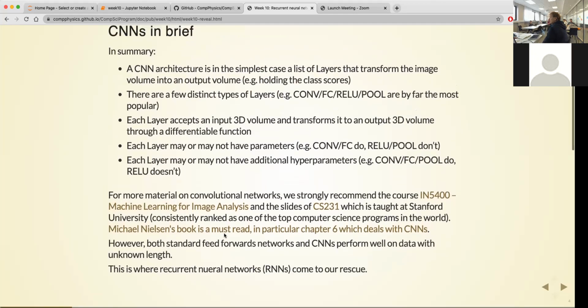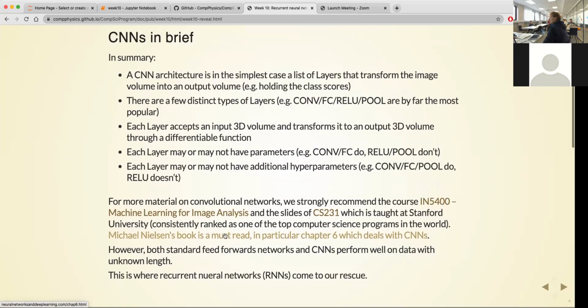If we look at what we did last week and the week before about convolutional neural networks, this is a way to reduce the dimensionality of a problem by filtering specific features. Compared with a standard deep neural network where you treat dense matrices and dense vectors and perform matrix-vector multiplication, you're now filtering some specific features through the mathematical process of convolution. As we saw last time, there were different types of operations.